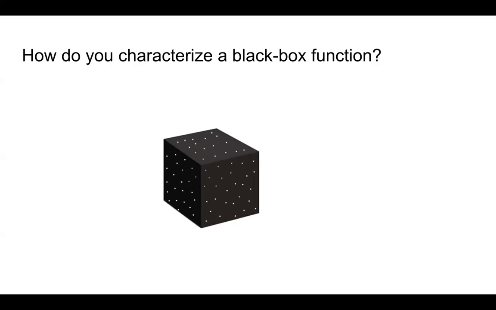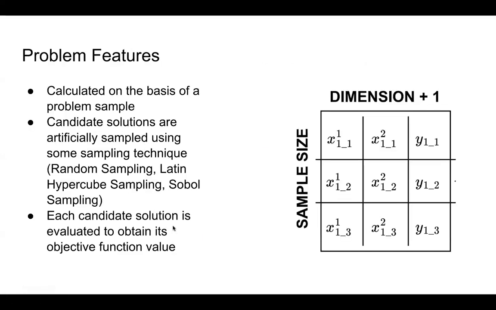So what you do is you construct some sample of points. You can sample them using different techniques. So for example, random sampling or Sobol sampling or Latin hypercube sampling. And then you kind of just evaluate this function on the set of points, and you obtain the objective function values.